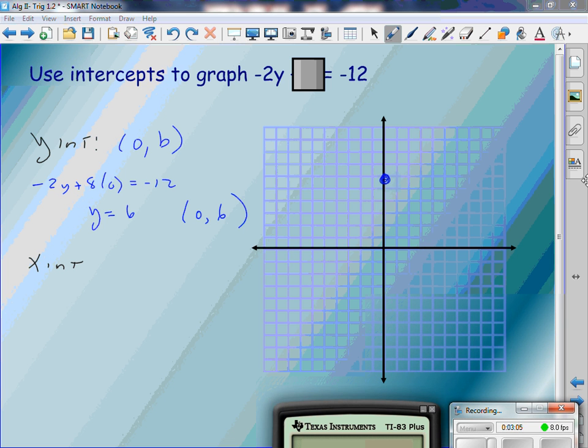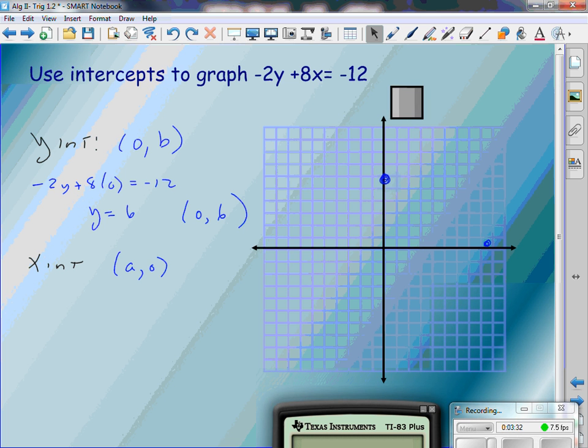Now, for the x-intercept, any point on here is going to have what as a value? Whatever, comma, 0. So the x-intercept is always going to be a, comma, 0. So what's going to happen in this problem every single time? The square is going to cover up the 2y. So I'm covering up the 2y.